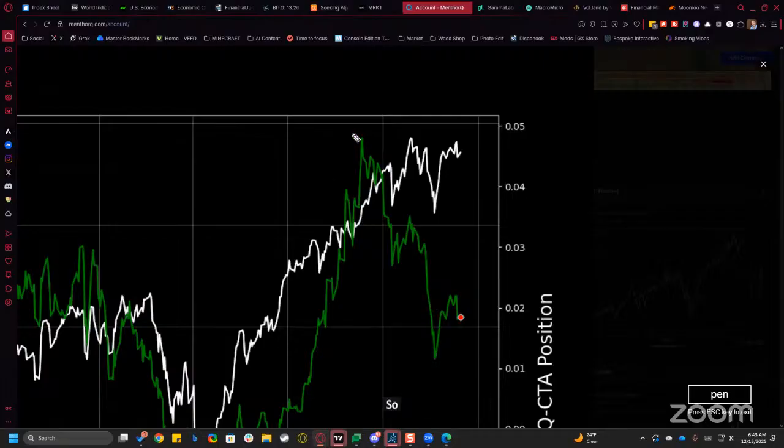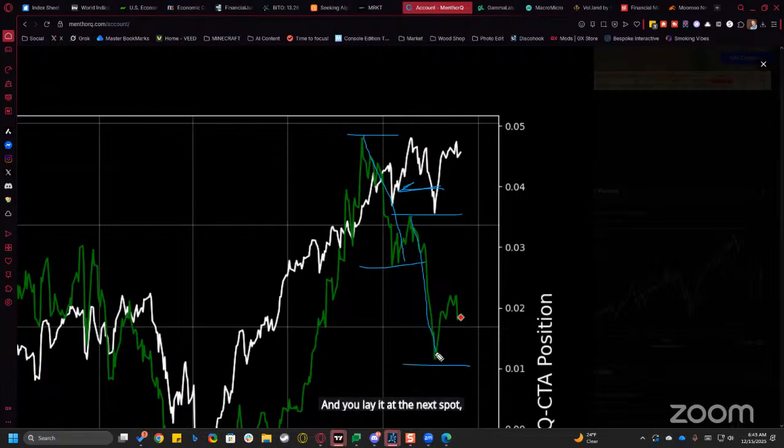So measure from one leg to the ending point of that leg, and then you take that measurement and you lay it at the next spot, and you can see whether or not it's slowing down, speeding up. You can also do the same thing for the pullbacks. Are the pullbacks getting greater? Are they getting shorter?